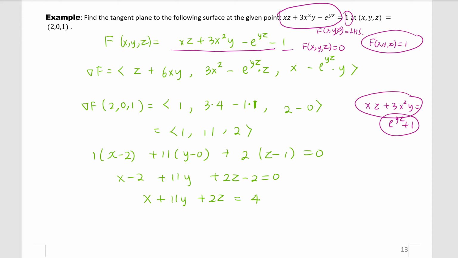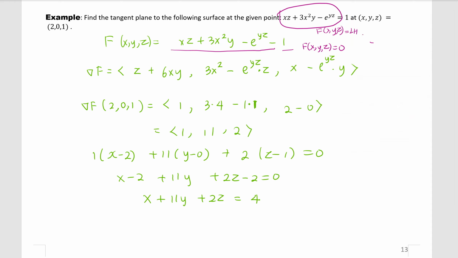So in order not to confuse you, from now on just remember when you define f, it is the left hand side minus right hand side, to avoid mistakes. But if you really understand this, then you know it is not necessary to let f be the left hand side minus right hand side. Sometimes it could be just the left hand side if the right hand side is a constant.